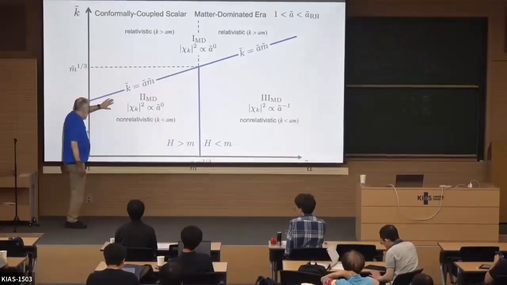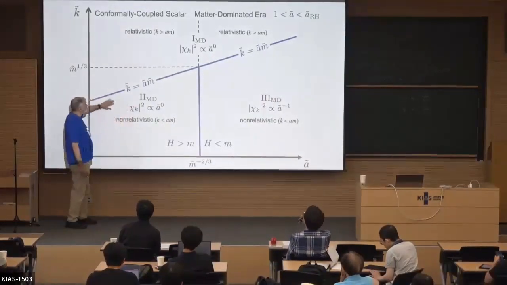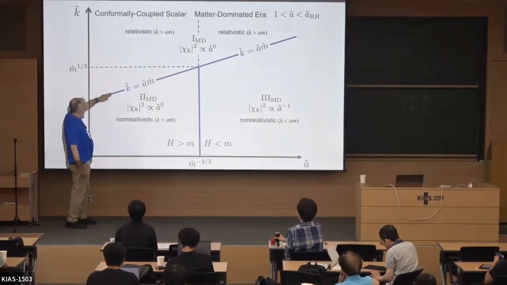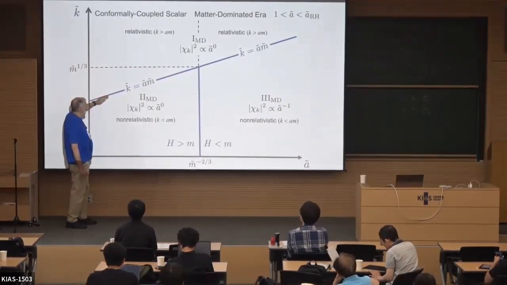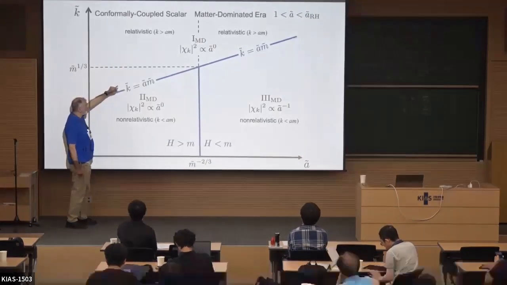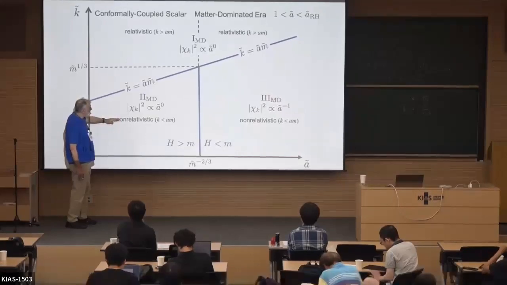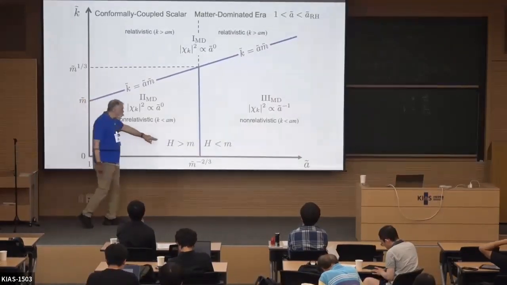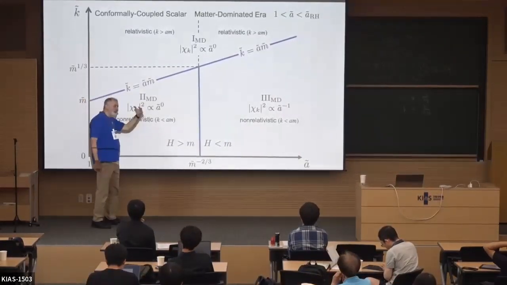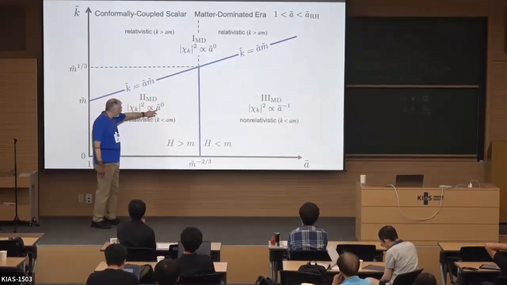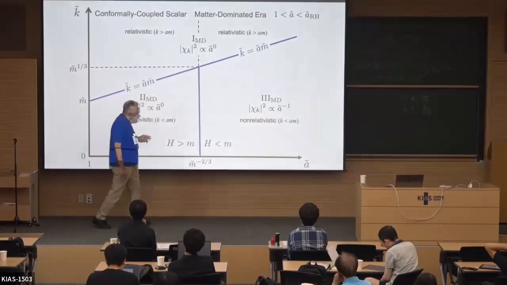All right, so in this region, it's non-relativistic. Up there, I'm sorry, in the top region, it's non-relativistic when k is larger than am, and chi-squared is proportional to a to the 0. In this region, it's non-relativistic. If h is larger than m, the argument of the Bessel functions is smaller than 1, and it's approximately equal to a constant in a.